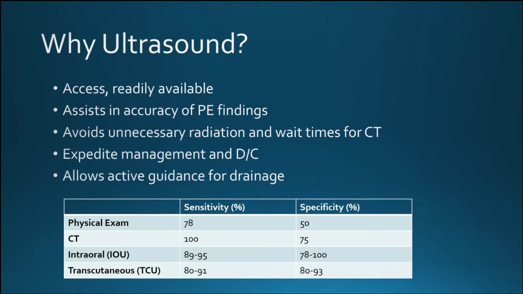In one randomized prospective study, they looked at a clinician's diagnostic accuracy for a peri-tonsillar abscess using an intraoral probe, because this is where most of these studies are done, versus a transcutaneous approach, and versus a clinician using landmarks. They found the diagnostic accuracy was 100% for the intraoral use of ultrasound versus about 64% for the physical exam.